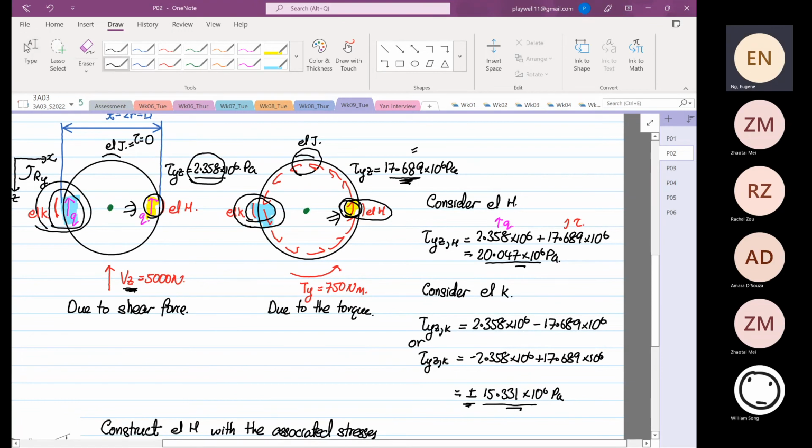Torque is equal to TR over J, and elements H, K, and J are on the outer radius. They all are constant.